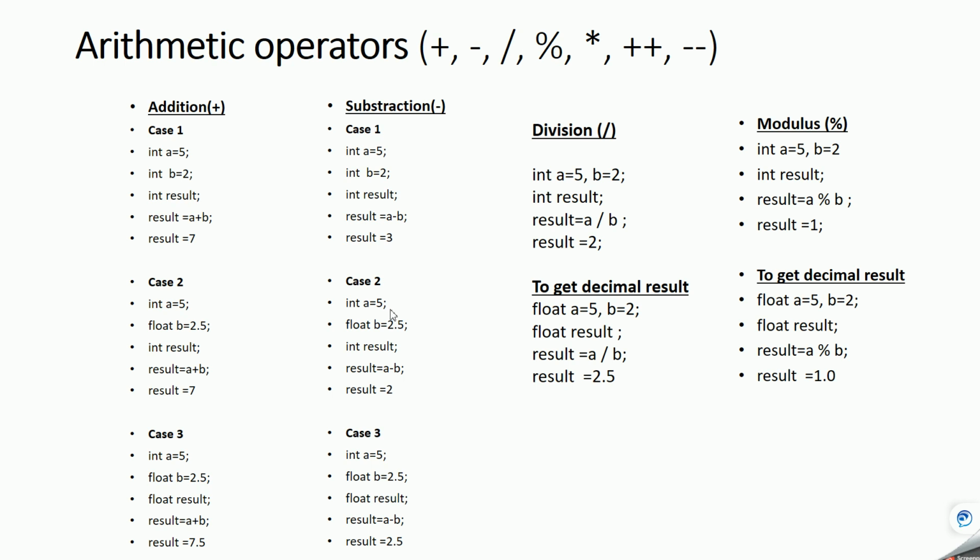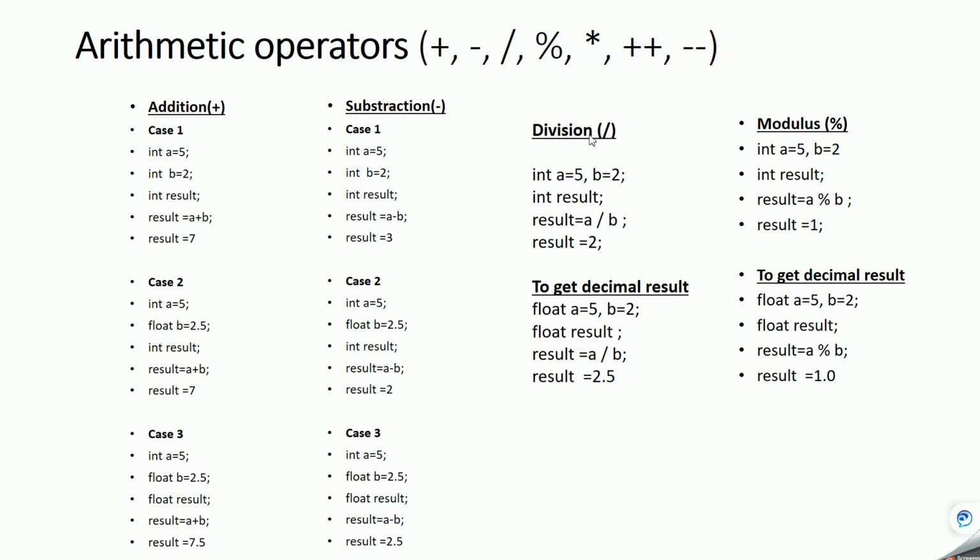In this case, a minus b, since the result is an integer, will give 2 instead of 2.5, because an integer cannot hold a decimal value. To get the decimal value, we have to change the result type from integer to float, then we will get the decimal value. So based on the data type, we should define the proper operation.